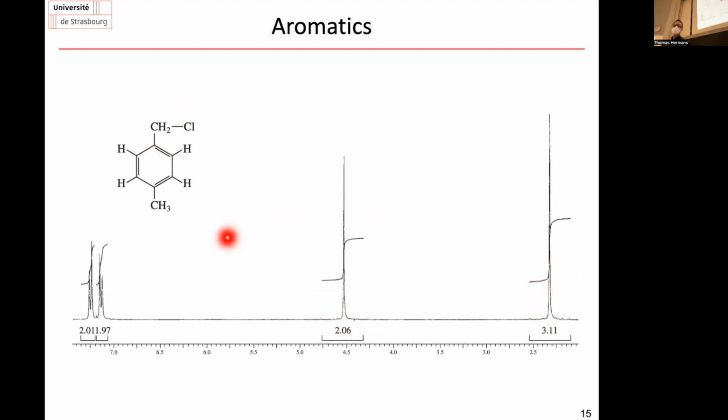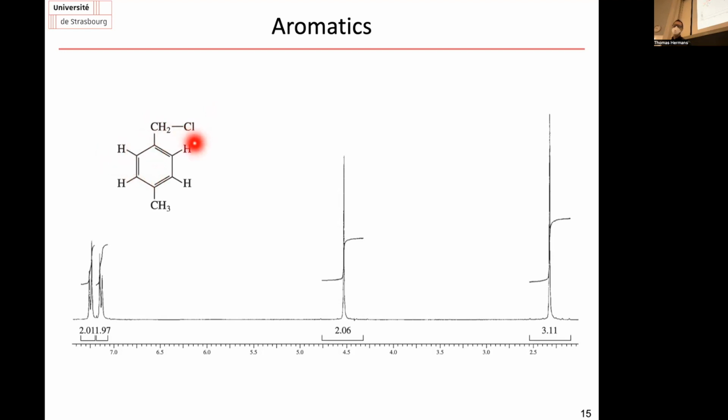This one will give a singlet with 3, and these ones give, okay, it's difficult to see, but it's 2 and 2 basically. So here, these are chemically equivalent, right? And this one, okay, now we'll see if I'm right, will be slightly more downfield because of the induction of the chlorine.